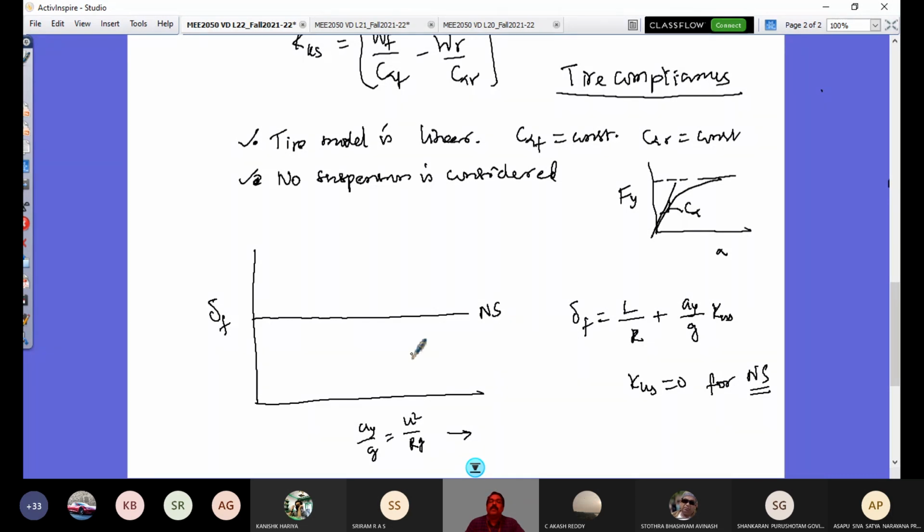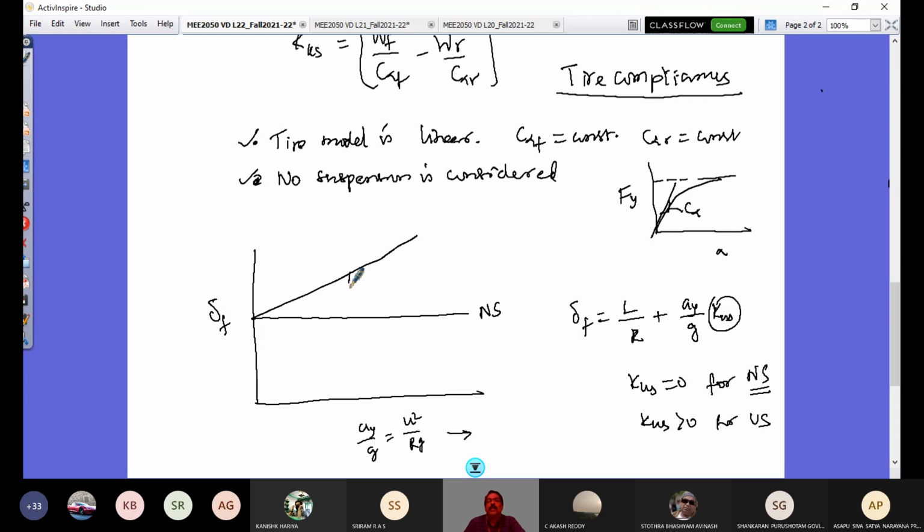So if I consider my KUS to be positive, that means KUS greater than 0, for an understeer designed vehicle, then the steering angle requirement as a function of lateral acceleration would vary linearly like this. Right? Linearly like this. Because if I differentiate this with respect to AY by G, this L by R happens to be constant and gives 0, and I have KUS.